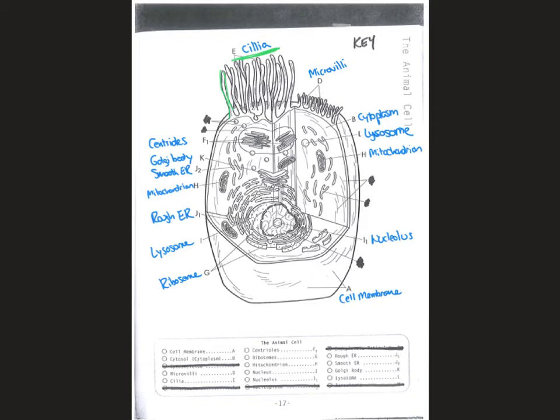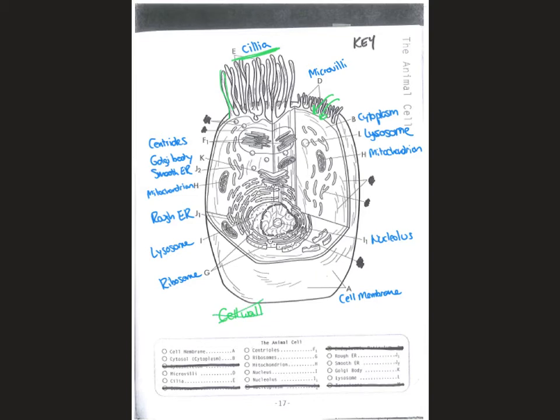Microvilli here do a couple of different things, but one of the things they do is increase the surface area. So if you have microvilli, you can increase the amount of material you take in, and we'll talk about that later. The rest of these are pretty much the same. Notice that an animal cell doesn't have a cell wall. It only has a cell membrane.